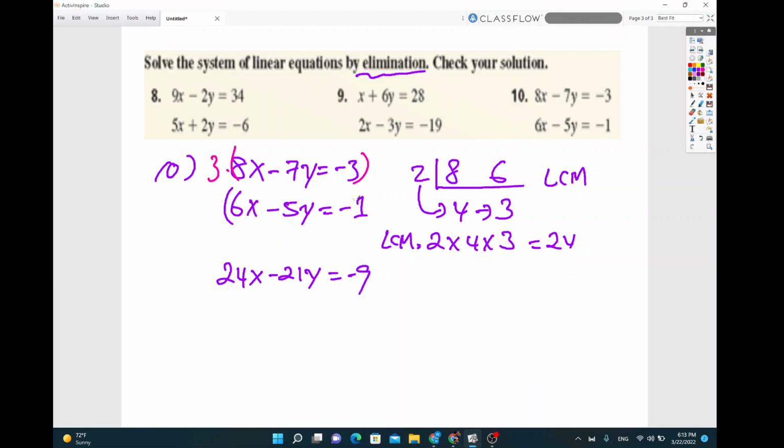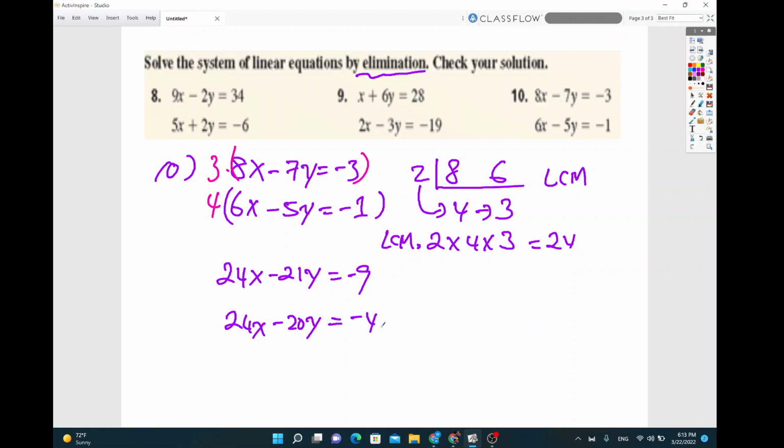For the second equation, in order to get 24x, we need to multiply 6x by 4, so we multiply the entire equation by 4. 4 times 6x is 24x. 4 times negative 5y is negative 20y. Minus 20y, and then 4 times negative 1 is negative 4.